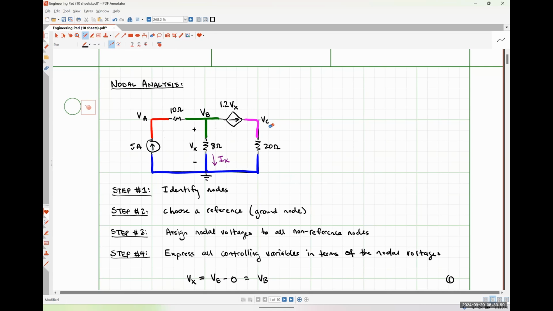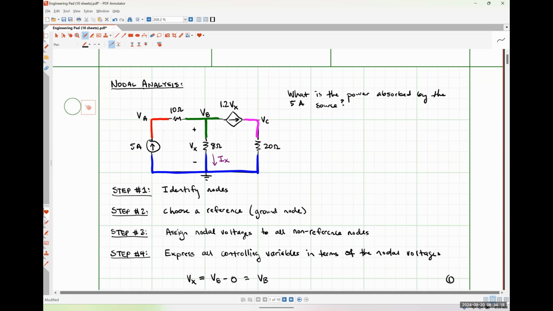For example, if I had this circuit and I were asked, what is the power absorbed by the 5-amp source, how could I get that now that I know my nodal voltage?